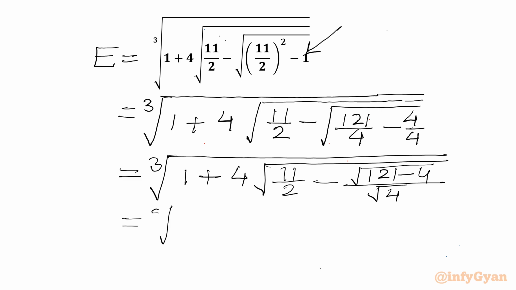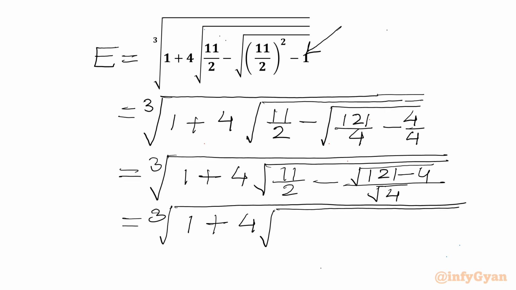In next step, I can write cube root of 1 plus 4 times square root of 11 over 2 minus square root 117 over 2.